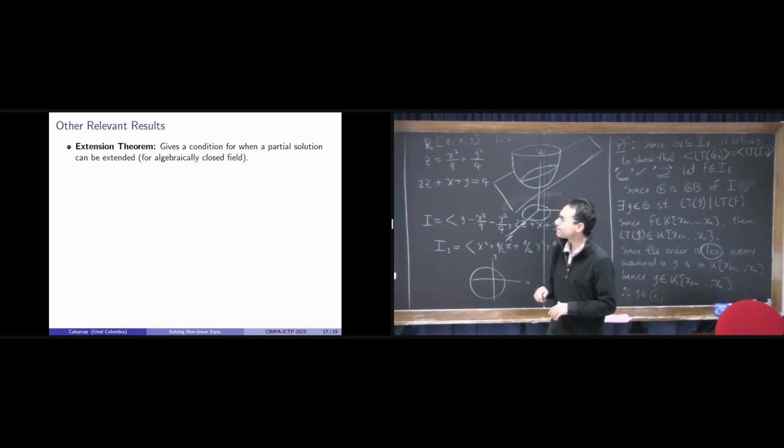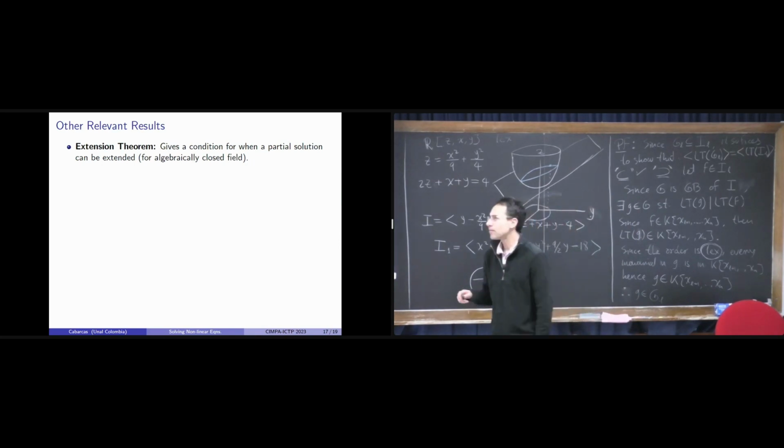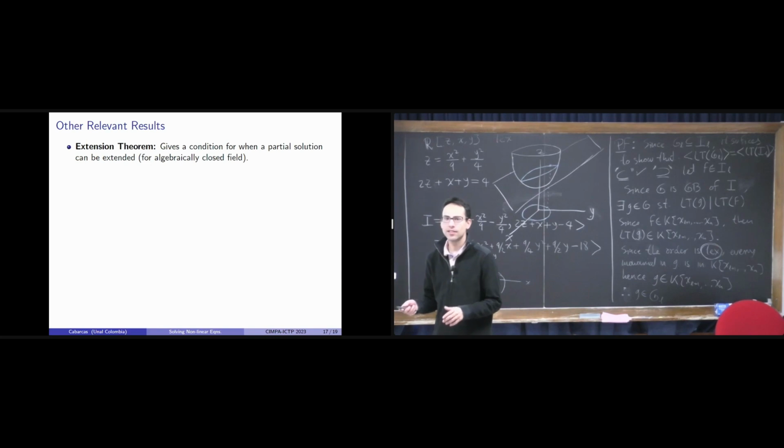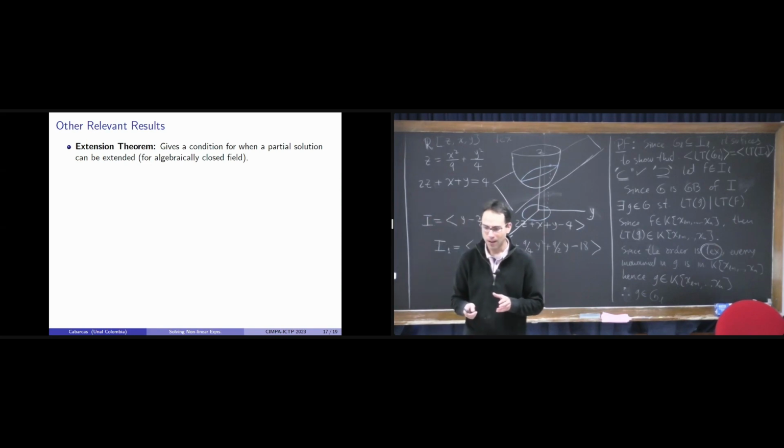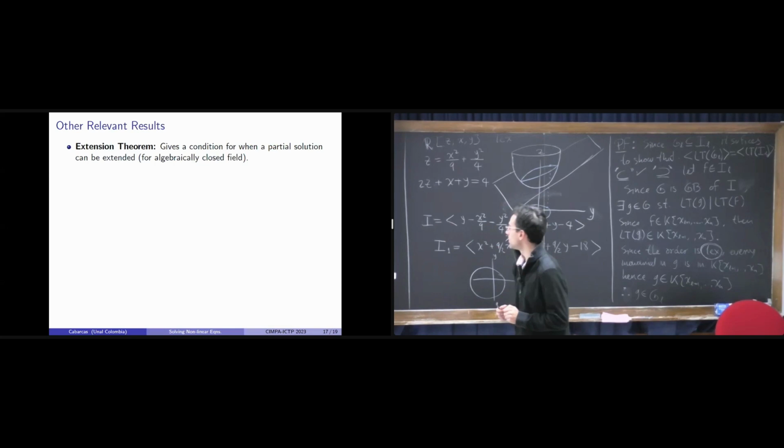So there are other results that are relevant to the problem of solving the system of equations, but I'm not going to cover them here. One is the extension theorem, which gives conditions on when a partial solution can be extended.